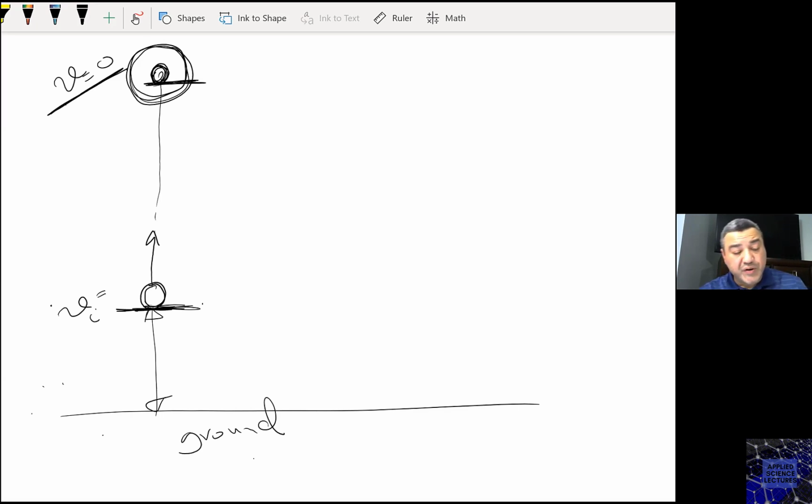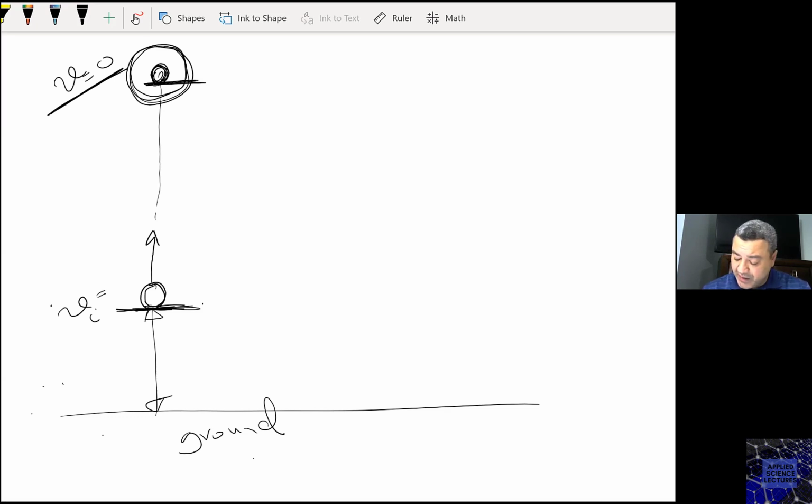So it is very important to understand that the conservation of energy means that the energy is not going to be destroyed or created. The energy is going to be transformed from one form to another.